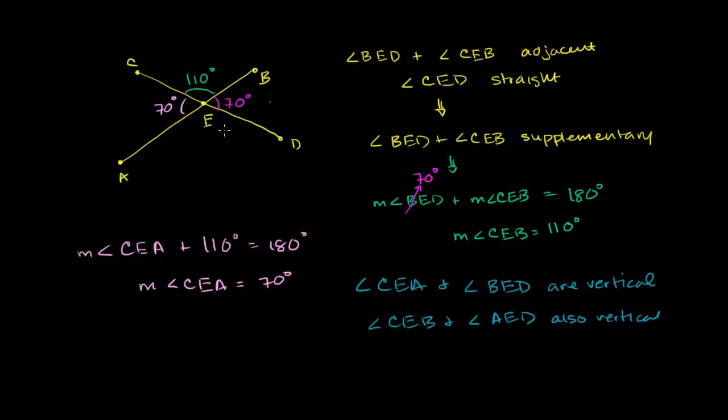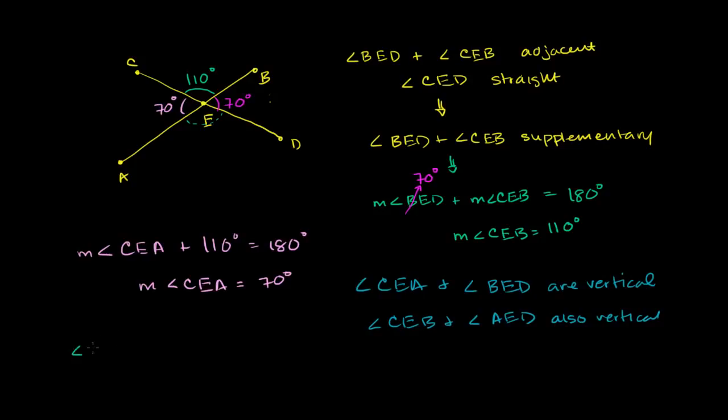So now we have one angle left to figure out, angle AED. And based on what I already told you, vertical angles are always equal. But we haven't proven that to ourselves yet, so we can't just use that property to say that this is 110 degrees. So what we're going to do is use the exact same logic. CEA and AED are clearly supplementary. Their outsides form a straight angle. So CEA and AED must add up to 180 degrees.